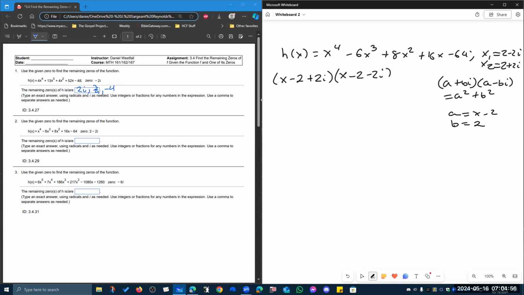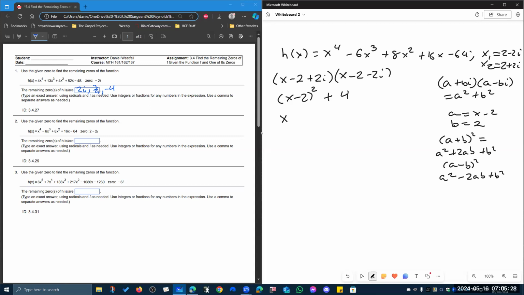So this is going to turn into x minus 2 squared plus 4. And remember that if I have a plus b quantity squared, that's a squared plus 2ab plus b squared. If I have a minus b squared, that's a squared minus 2ab plus b squared.